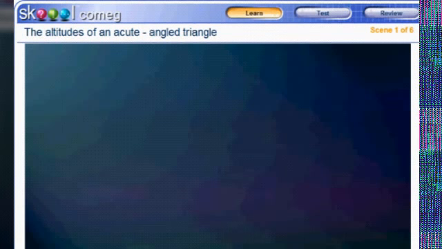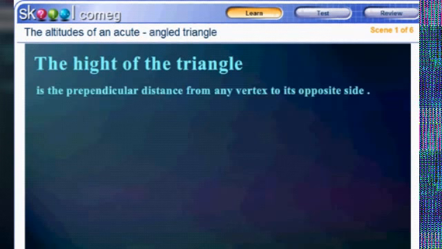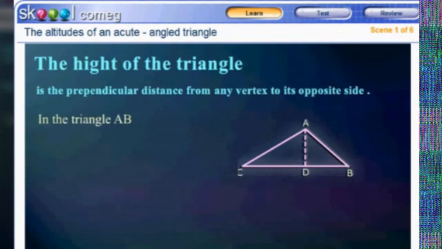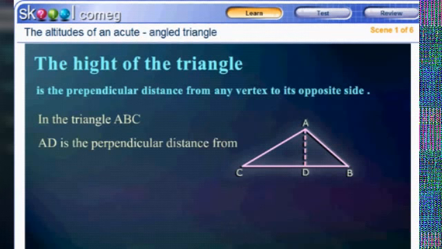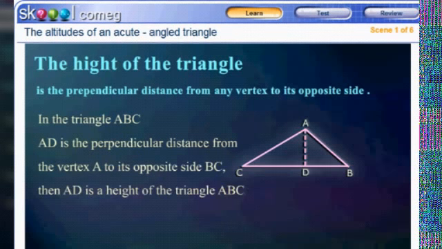The altitudes of an acute angled triangle. The height of the triangle is the perpendicular distance from any vertex to its opposite side. In the triangle ABC, AD is the perpendicular distance from the vertex A to its opposite side BC. Then AD is the height of the triangle.